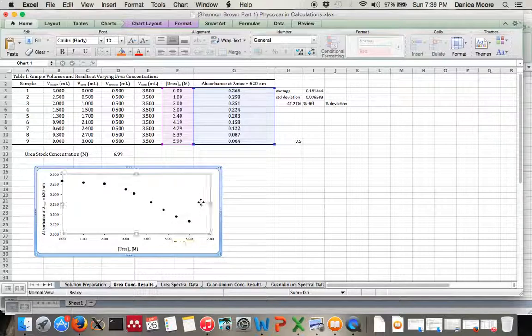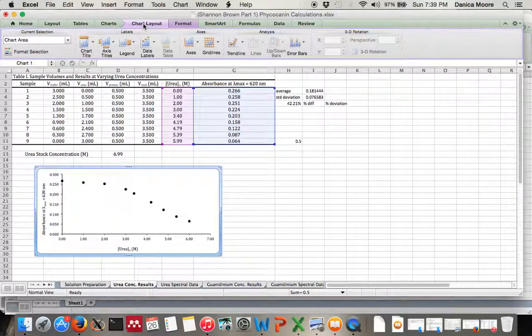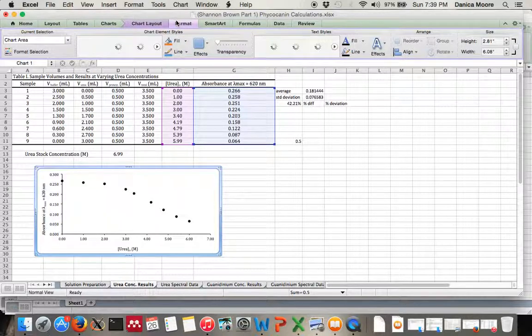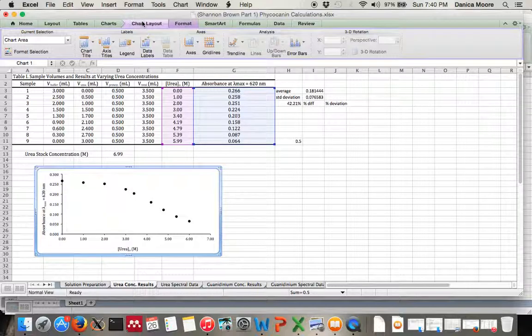Right clicking here, maybe. Let's see if we can find the option up here. Anyways, the point is that you can move this to its own page if you want to by right clicking. My computer is kind of giving me a hard time right now, so I'm not going to worry about it.